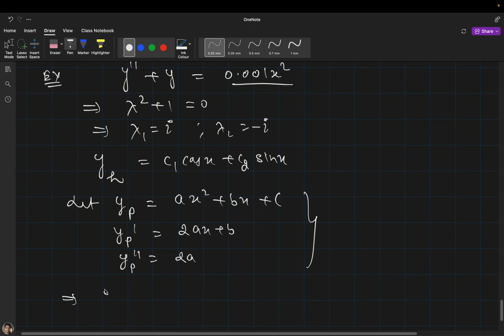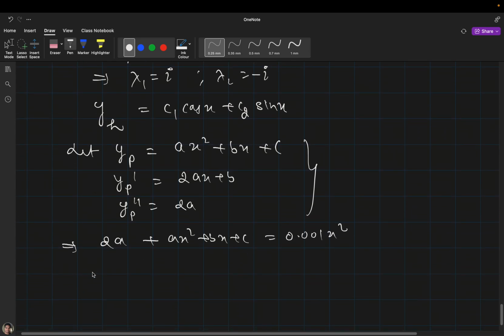So you will get 2a plus ax square plus bx plus c equal to 0.001 x square. Now take all coefficients separately. So you can see that x square has this coefficient, x has the coefficient b, plus c plus 2a equal to 0.001 x square.